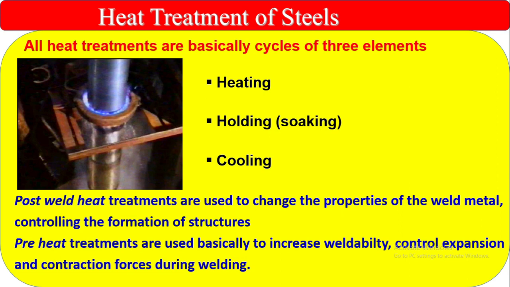Now, why is heat treatment required? Because heat treatment develops hardness or softness of the material and improves the mechanical properties such as tensile strength, yield strength, ductility, etc. So the question is coming, what type of heat treatment is needed for the material?